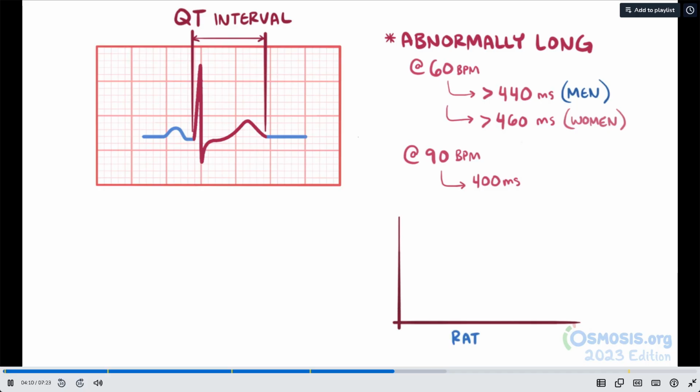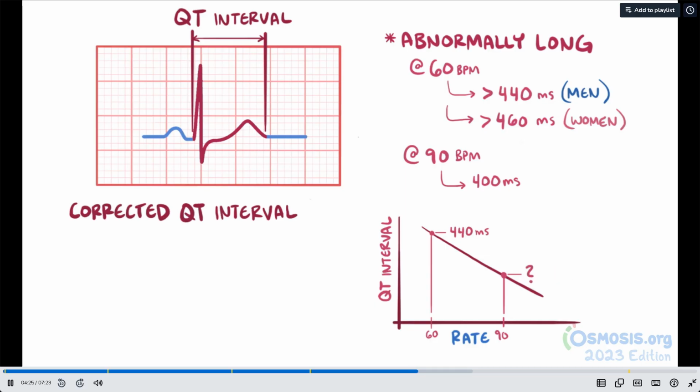As the rate increases, the QT interval decreases. So at 60 beats per minute, the abnormal cutoff might be 440 milliseconds, whereas at 90 beats per minute, it's likely something lower. So what we have to do is find the corrected QT interval, or QTc, at the different rates so that you can compare it to the QT interval at 60 beats per minute.